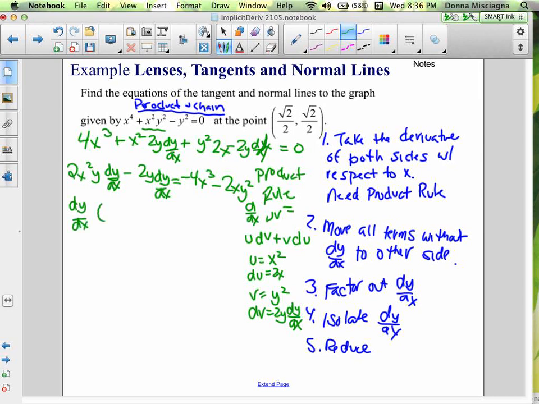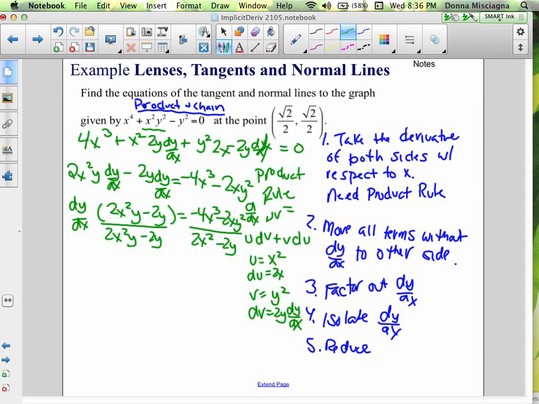We will factor out dy dx. If we factor out the dy dx, we're left with 2x squared y minus 2y equals negative 4x cubed minus 2xy squared. Then we'll divide both sides by 2x squared y minus 2y to isolate dy dx.